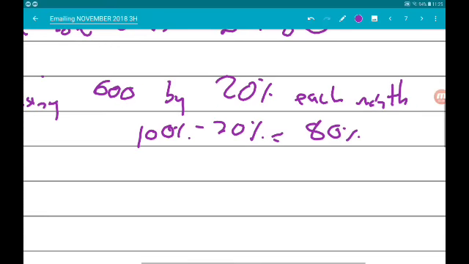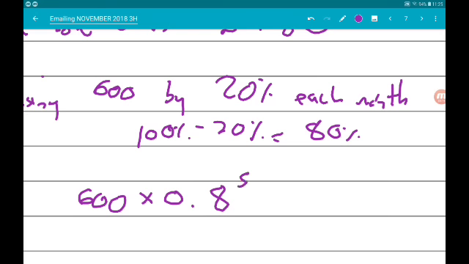So, we would do 600 times 0.8. 0.8 is the equivalent decimal of 80%. If we only do that to the power of 1, we just get 480 quid. If we stick a power of 5 on it though, only on the multiplier, then that leaves us with 196.61.